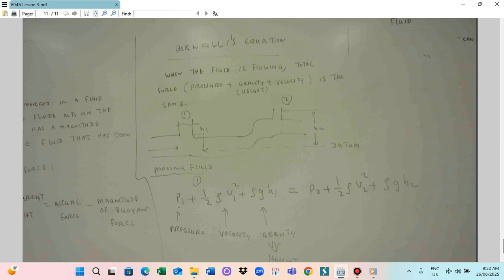So gravity force depends on the height; it is proportional to height.